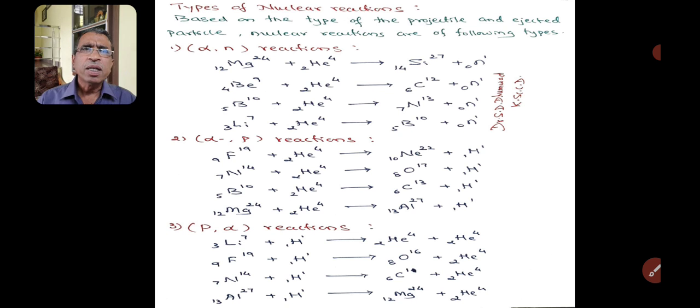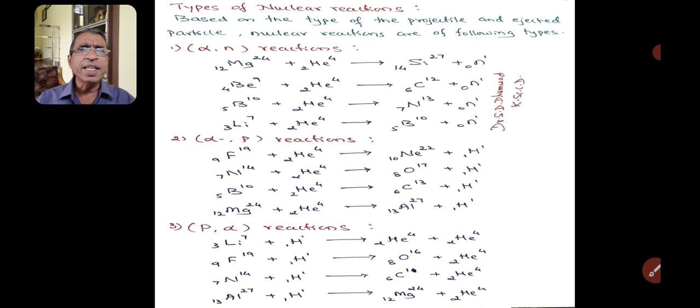Now coming to the types of nuclear reactions. Based on the type of the projectile and ejected particle, nuclear reactions are of the following types. Of course, there are many nuclear reactions, but as far as the syllabus is concerned, you are going to study 6 types.